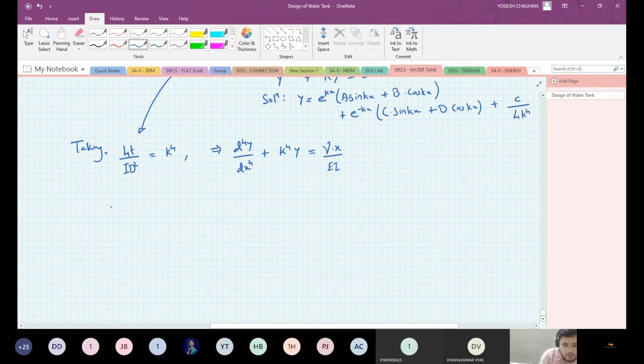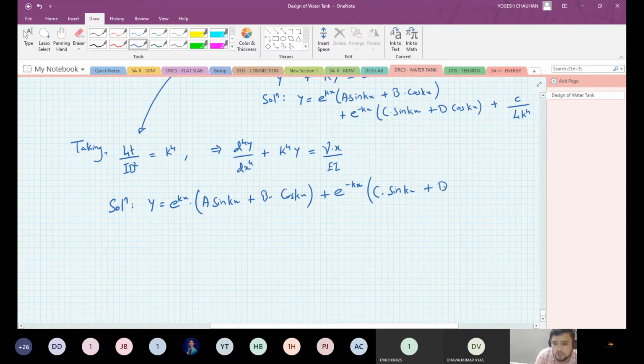So the solution for this expression is now y equals e raised to the power kx, where k to the power 4 is equal to 4t by I d square, we substitute that value, into a sin kx plus b cos kx, plus e to the power minus kx times c sin kx plus d cos kx, plus small c divided by 4k to the power 4.